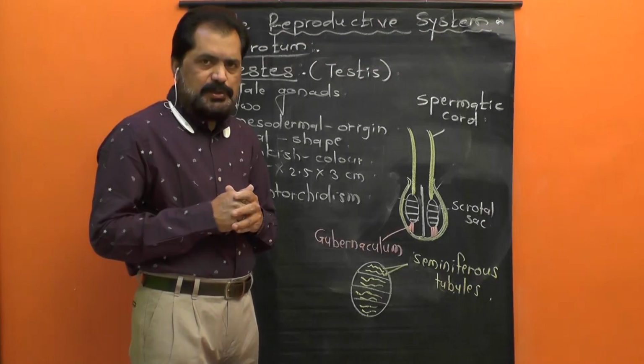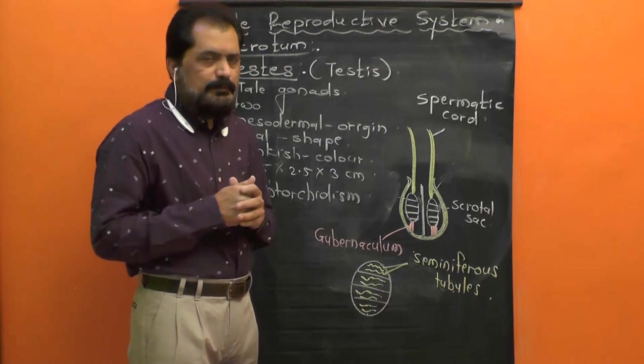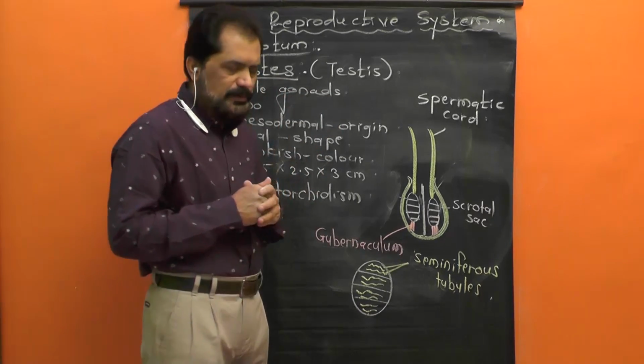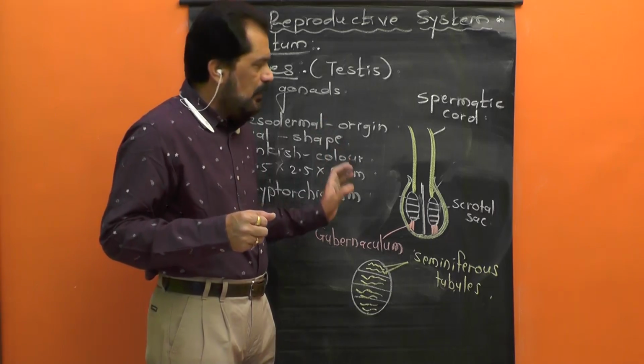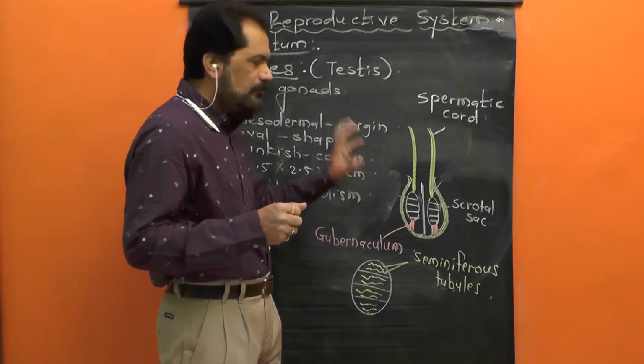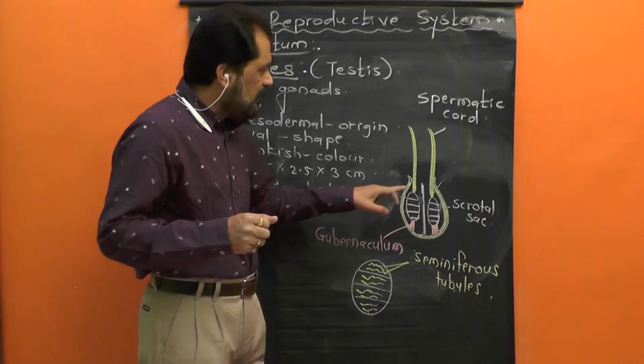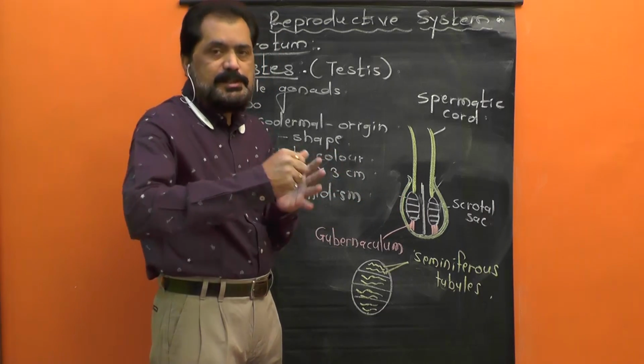Now let us proceed to the next part of male reproductive system, that is Tubuli Recti. Here I am going to draw a diagram, lateral view of the scrotum enclosing the testes and other structures.